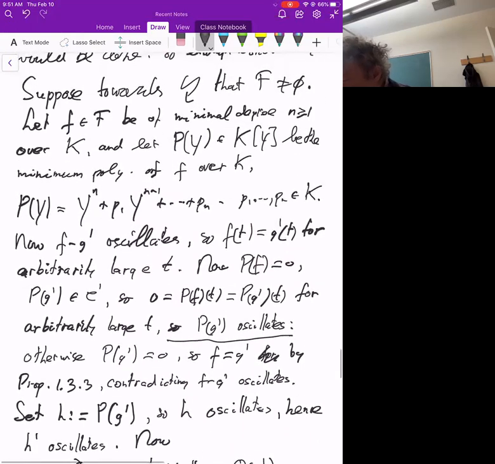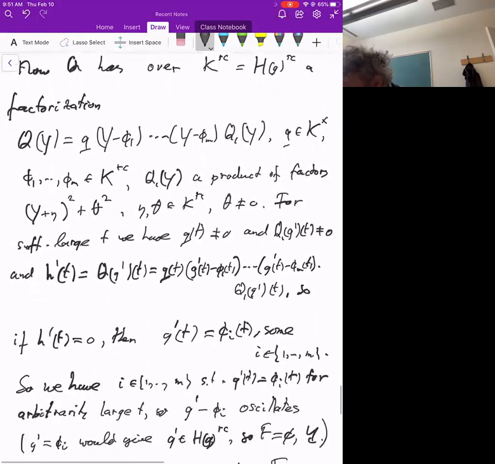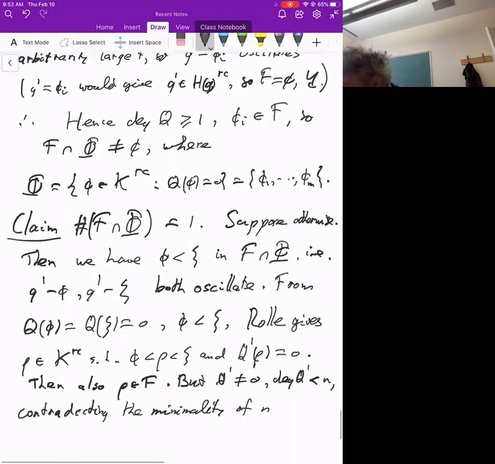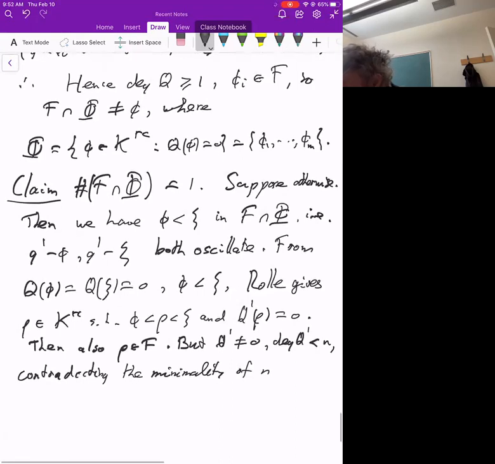Yeah, let little f in capital F be of minimal degree n over k. And here we have a new element, rho, which is of lower degree. Rho satisfying the equation Q prime, rho is 0, which is of lower degree. And so we have a contradiction. And so the claim is proved. Right?